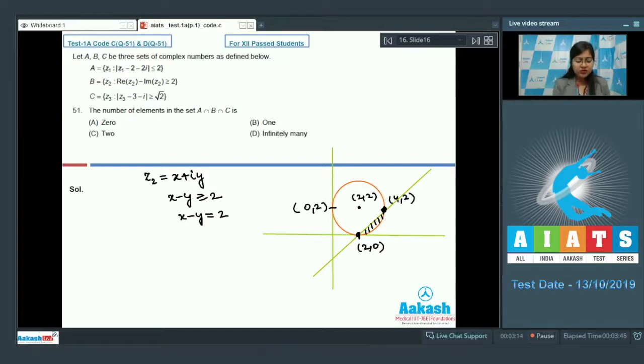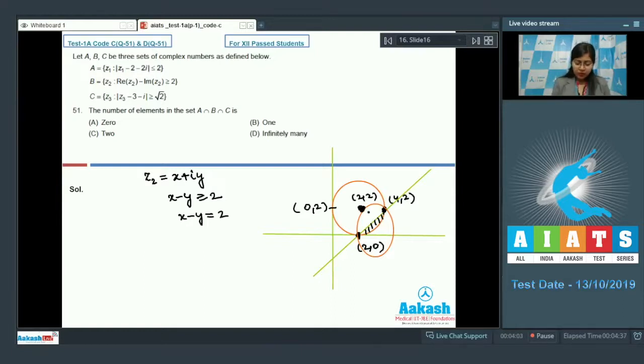Now let's talk about C, that is center is (3, 1) and radius is root 2. Now (3, 1) is lying on this line, so its center is lying on this line.